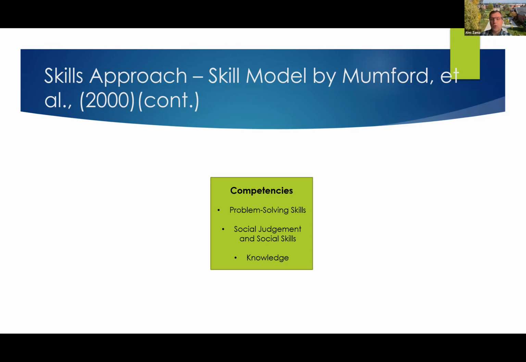And then social performance. Social performance encompasses a lot of skills that we commonly think about as leadership skills. Those skills are related to the overall umbrella of communication skills.